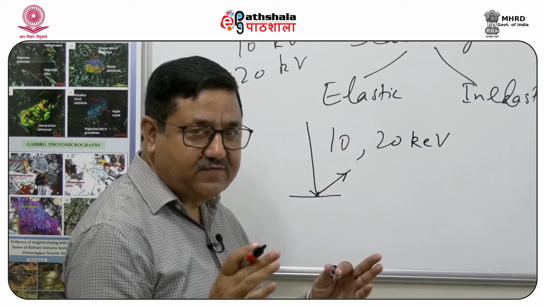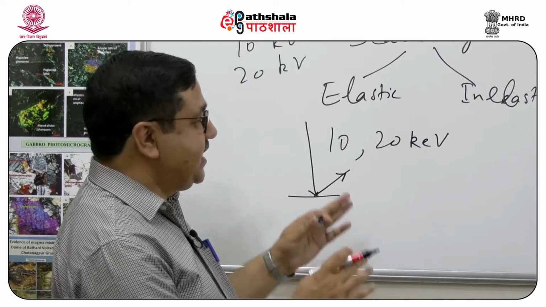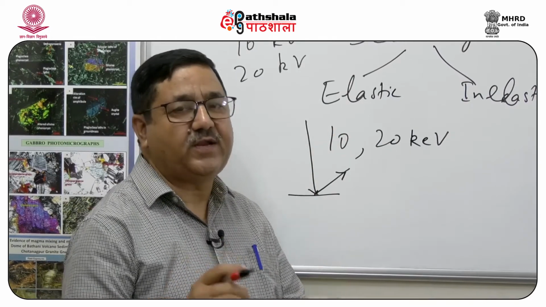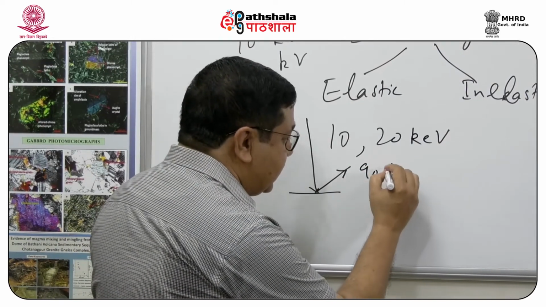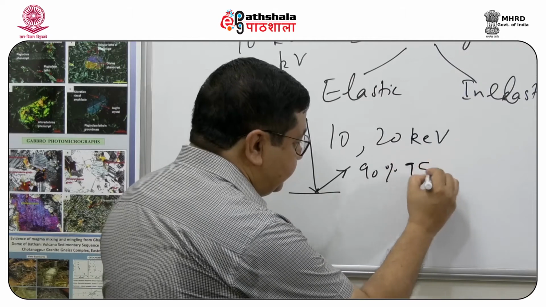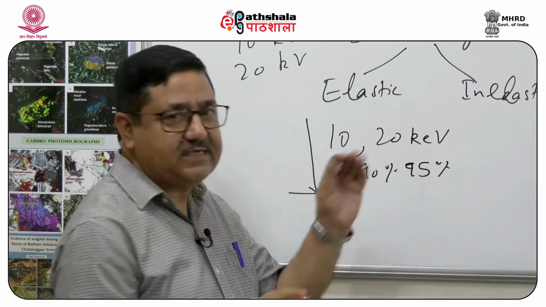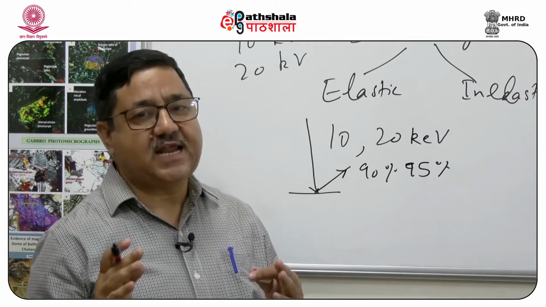A significant loss of energy would be if this beam becomes a few electron volts. So, if it is 90 to 95% the same energy, then we call that elastic scattering.